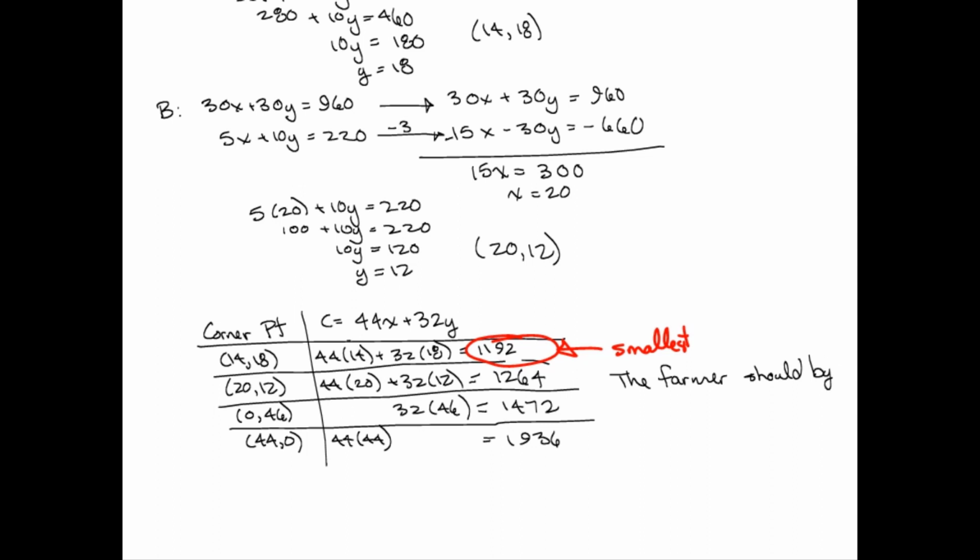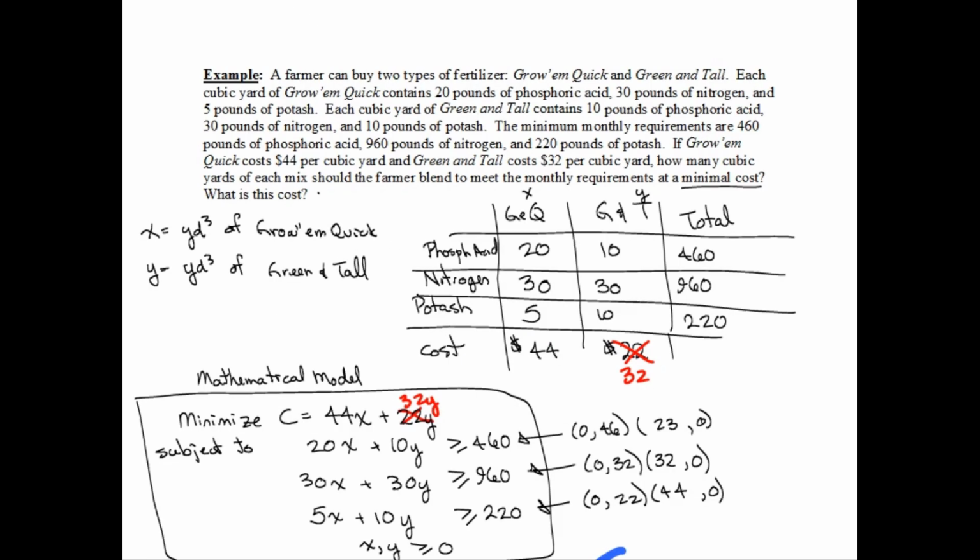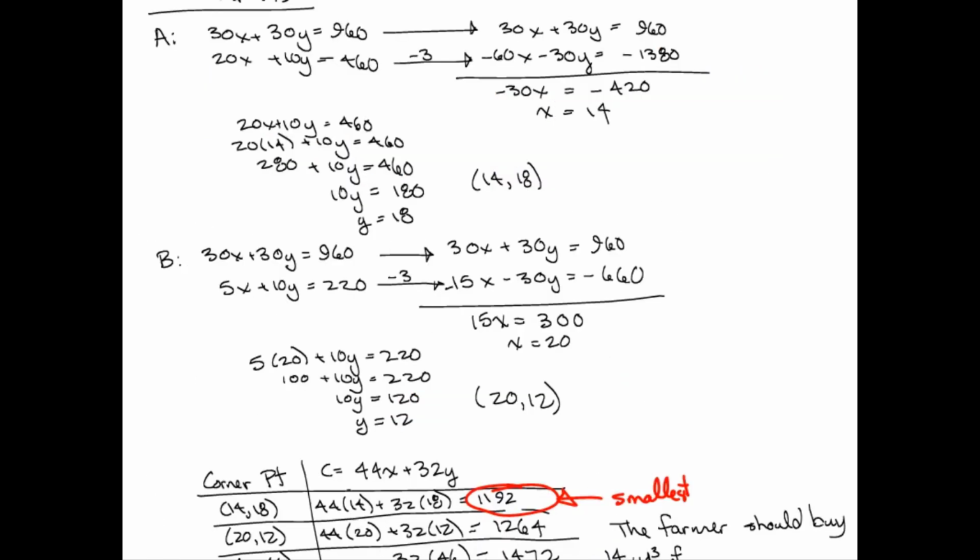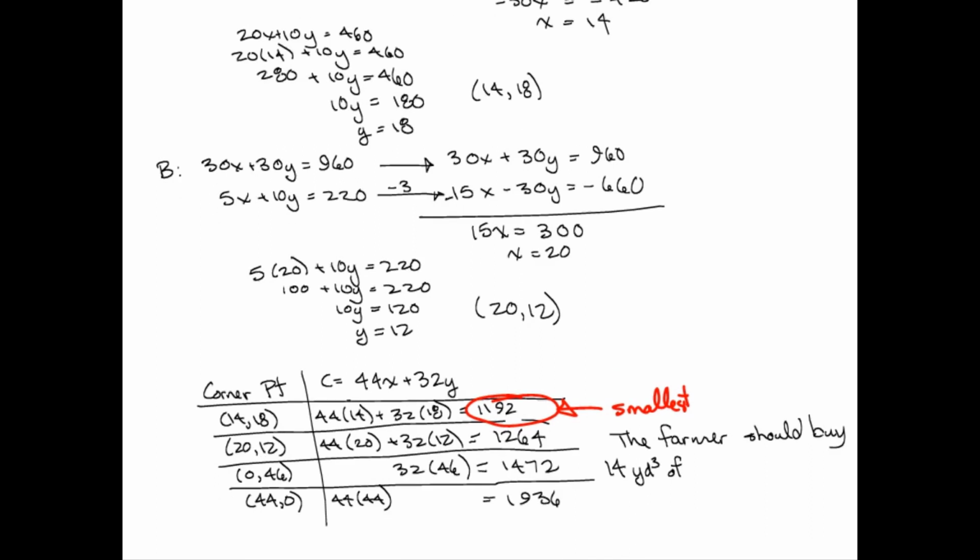The farmer needs to buy 14 cubic yards of, what was that first one called? Grow 'em Quick. Second one was Green and Tall.